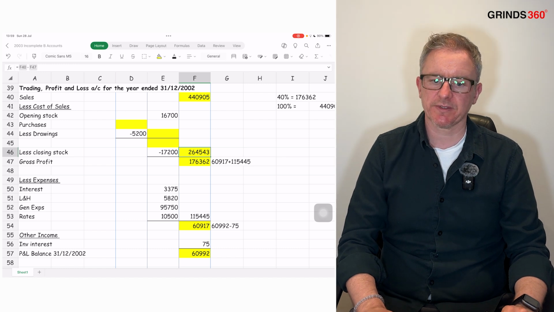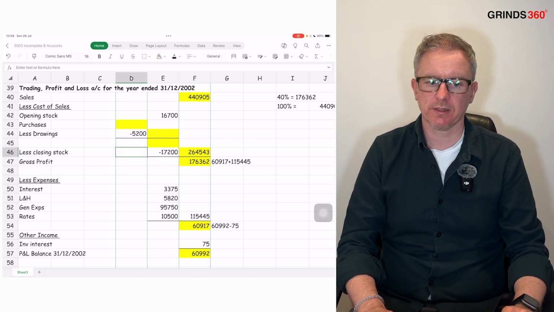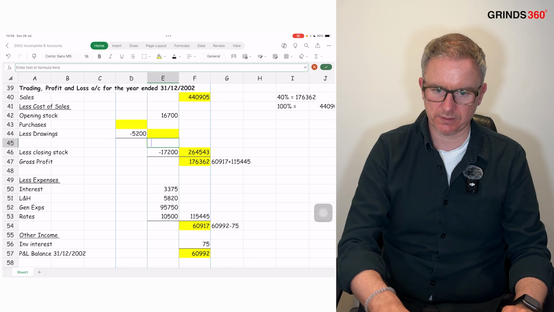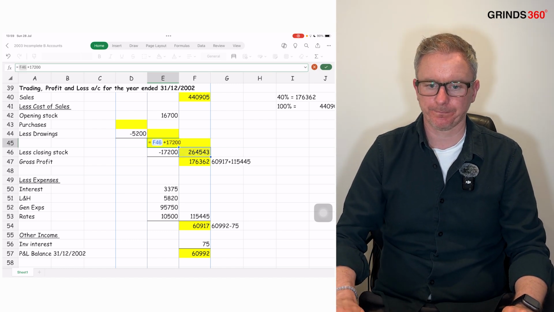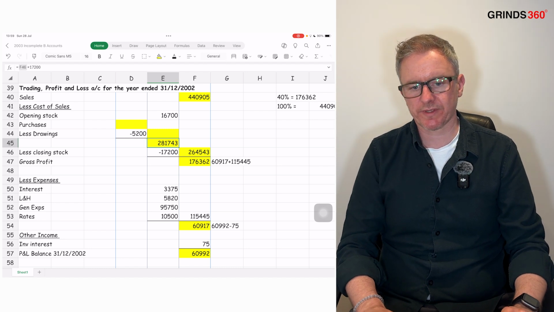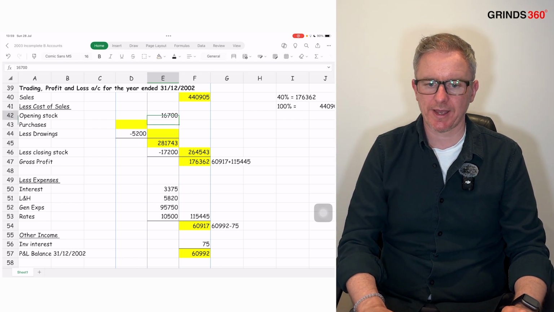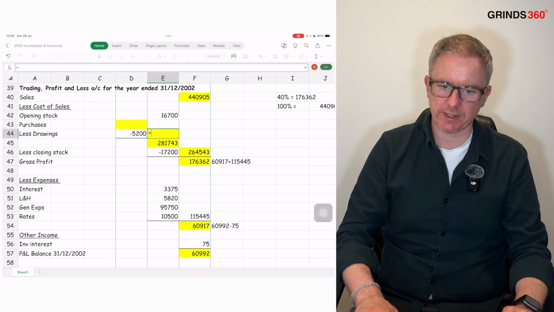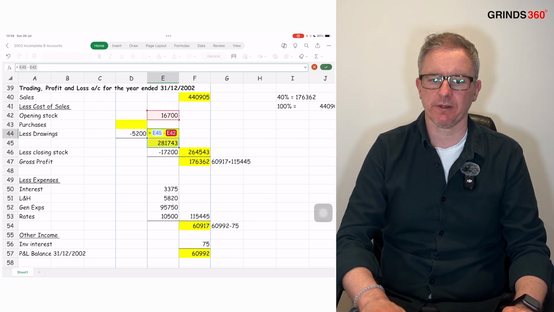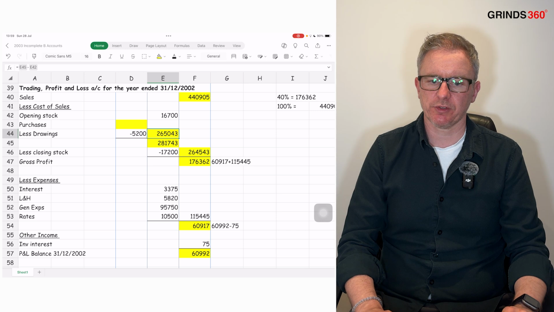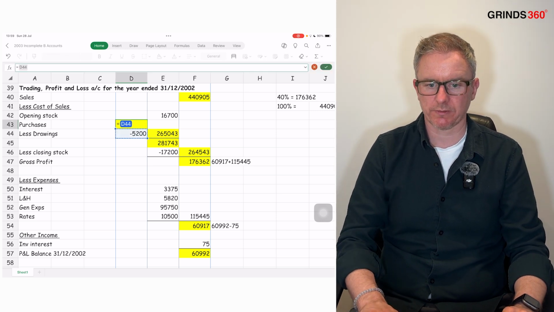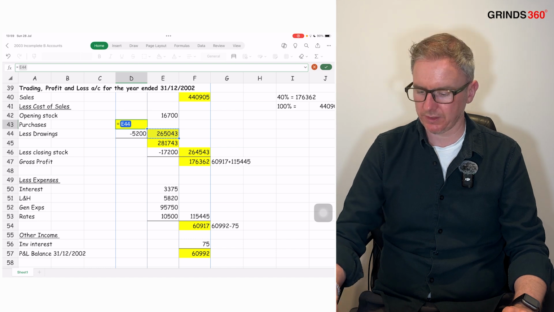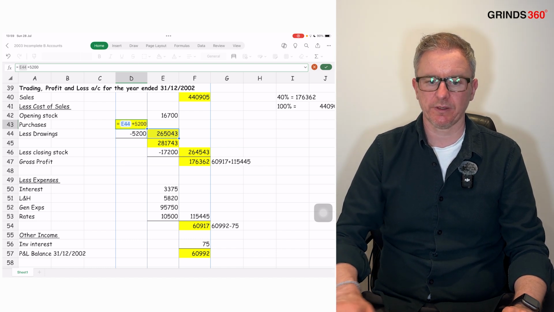I get that cost of sales figure after I take away my closing stock. So add it back on to find out what it had been before. I got the 28,174.32 after I added this figure onto the opening stock. So again, you do the opposite to figure out what the purchases after drawings were, and then to figure out what the purchases before drawings were, take your 265,043 and add back on the 5,200.